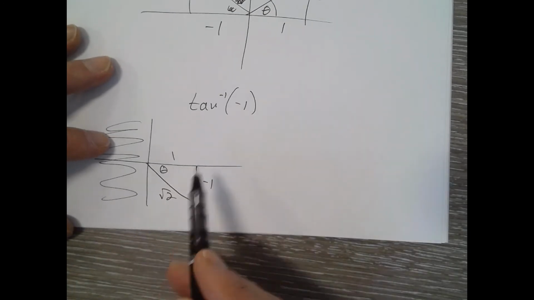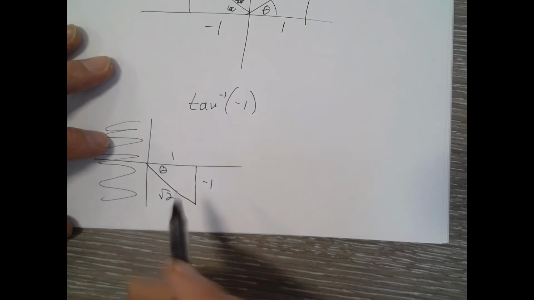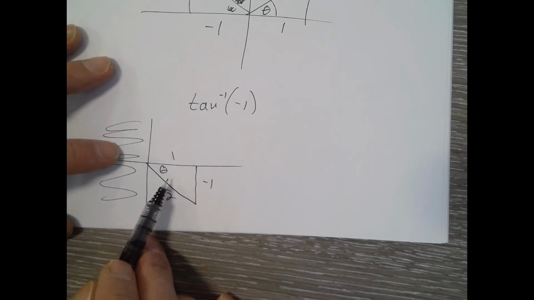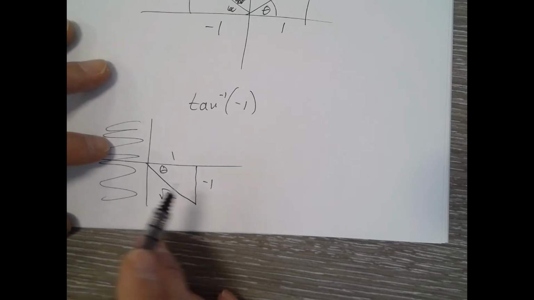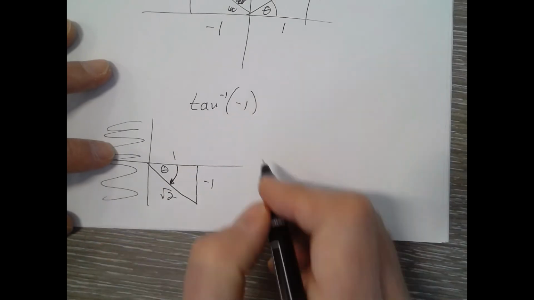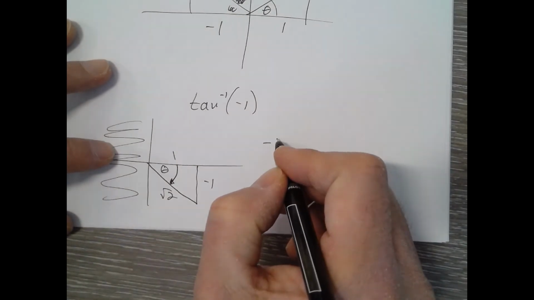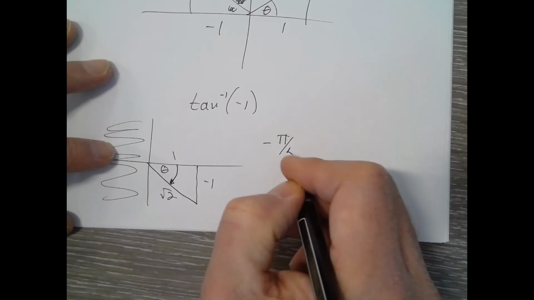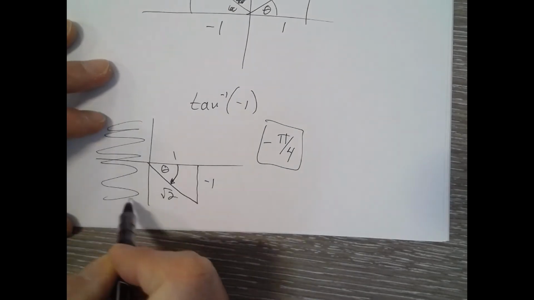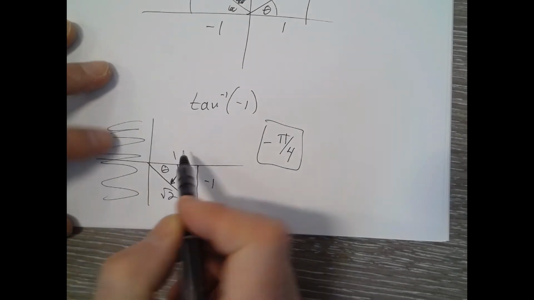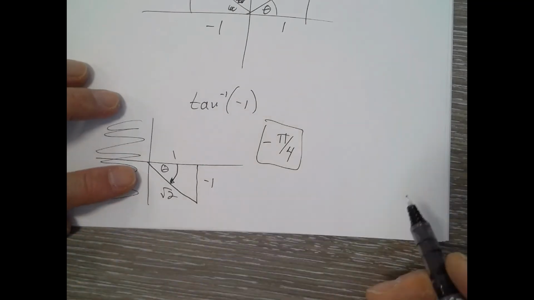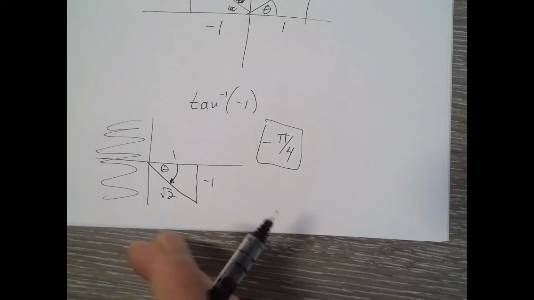I know it's down here because it's negative. Now we just have to figure out how big that angle is. It's a 45 degree reference angle. So we're going backwards, so it'd be negative pi over 4 as our answer. Don't say it's 7 pi over 4 because that's not in the domain. It's either go up pi over 2 or go back pi over 2. Those are our options. So inverse tangent of negative 1 is negative pi over 4.